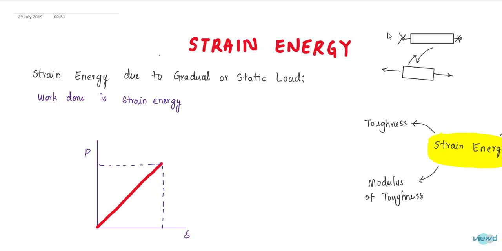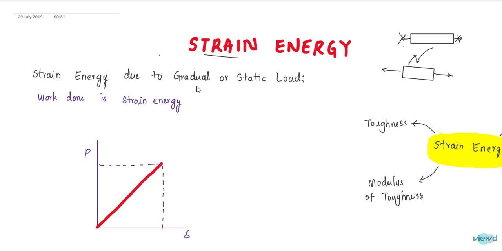Another external force is not applied compressively on this, but it is returning to its original shape and size. This is because when the load is applied, the body stores an energy that is called strain energy. Due to the strain energy, it returns to its original shape and size. So that is called strain energy.